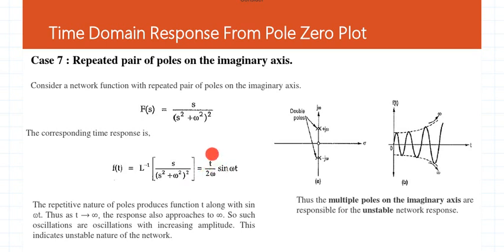And this t controls the magnitude of the system, and as time increases, it makes the sinusoidal term a growing oscillation, right? We are observing growing oscillations here, and therefore double poles on the imaginary axis result in an unstable system.